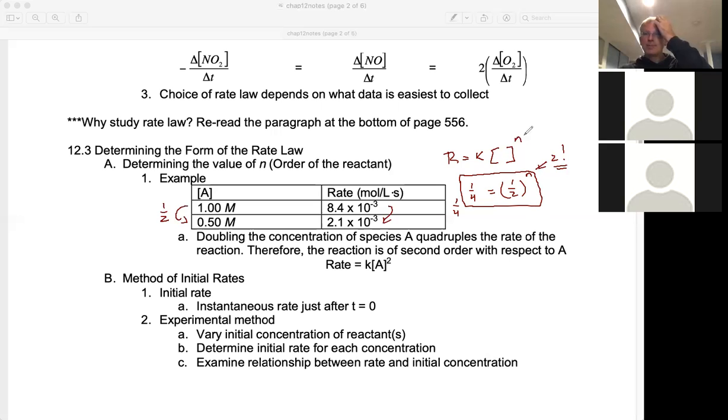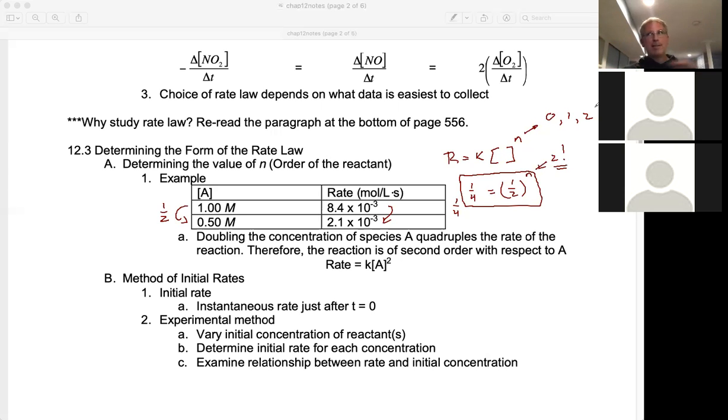So these exponents are going to be orders. And in AP Chem, there are only 3 possible orders, a 0, a 1, or a 2. In real life, oh, it could be anything. It could be like a 1.25. It could be a 7.6.